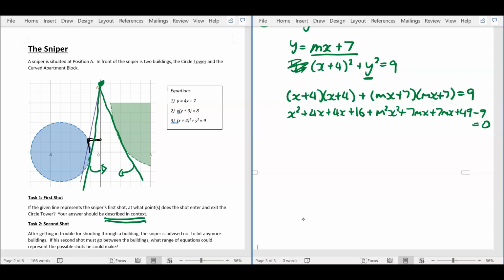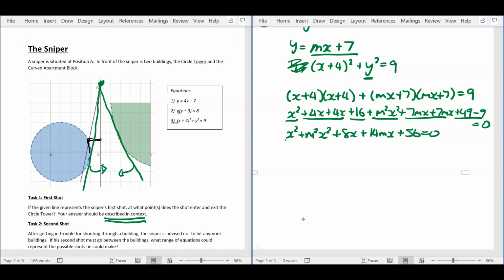We now need to simplify and group everything together. So I'm going to start by putting the x squareds out front. So we've got x squared plus m squared x squared, plus we've got 8x over here, and we've got 14mx over there, and all the numbers, that's going to be 56, equals 0.